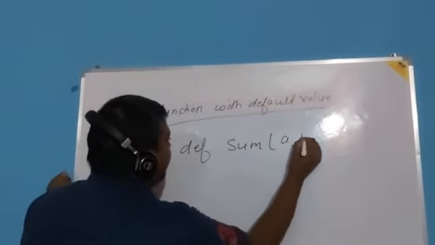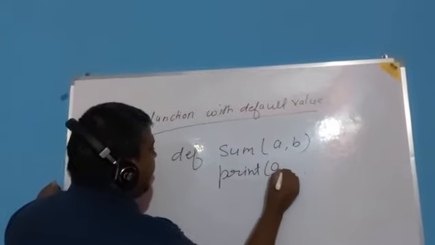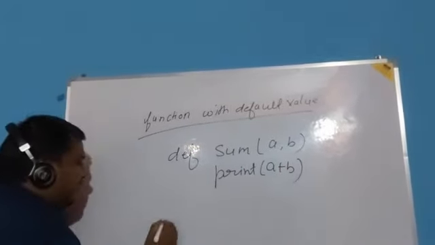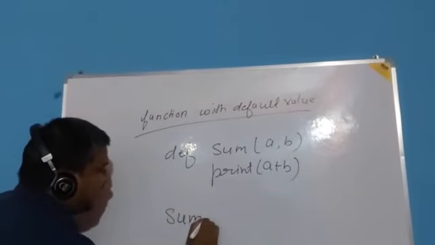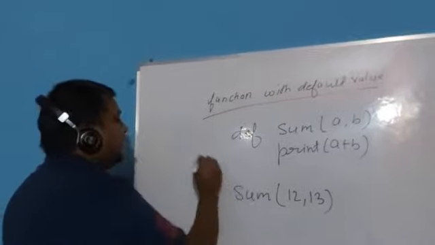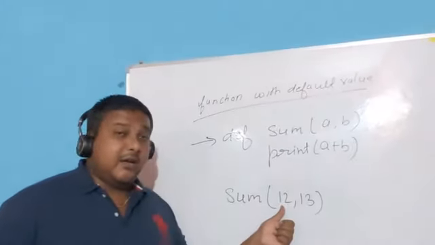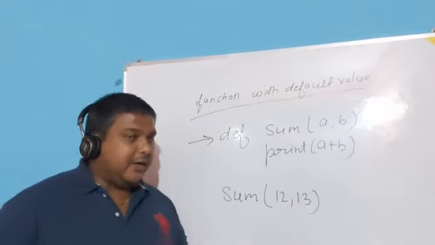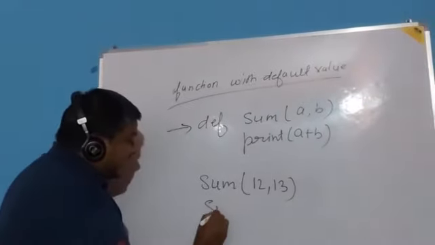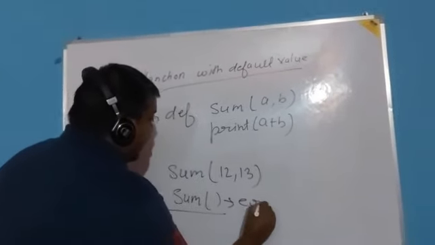If we have a function A comma B with print A plus B, and from some point we are calling the function 12 comma 13. To call this function we need to pass the values 12 and 13. If we are not passing them, this line will generate an error.